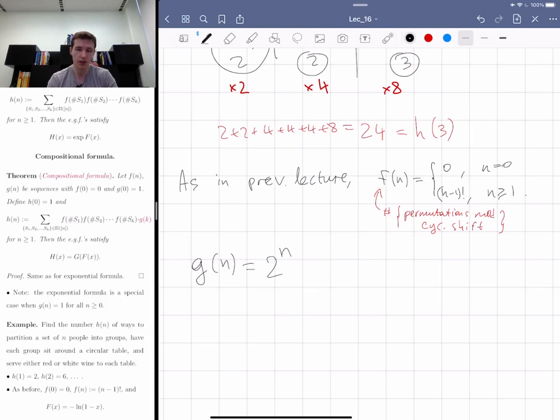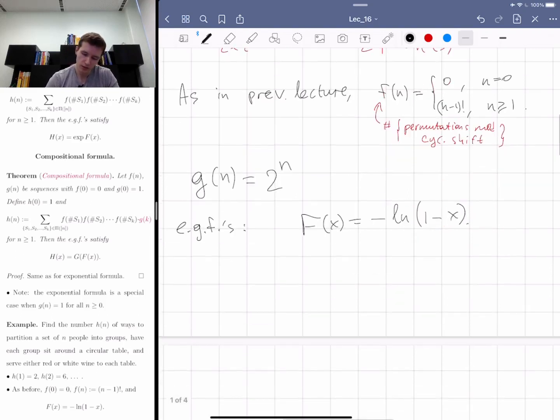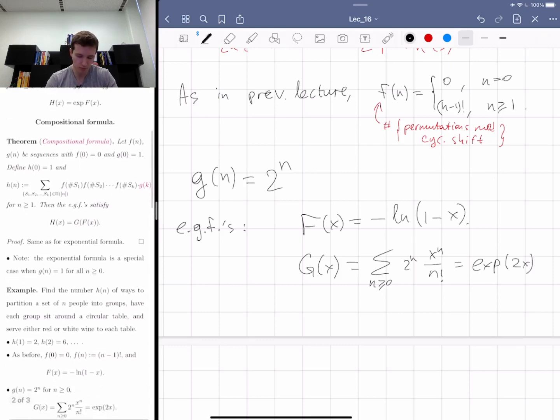So now I can compute the exponential generating functions. For the f of n, I computed it last time, right? It was f of x, the negative natural logarithm of 1 minus x. For g of x, well, this is very easy, right? It's the sum of 2 to the n, x to the n over n factorial. So it's the exponential of 2x. Okay, and now I can just literally apply the compositional formula.